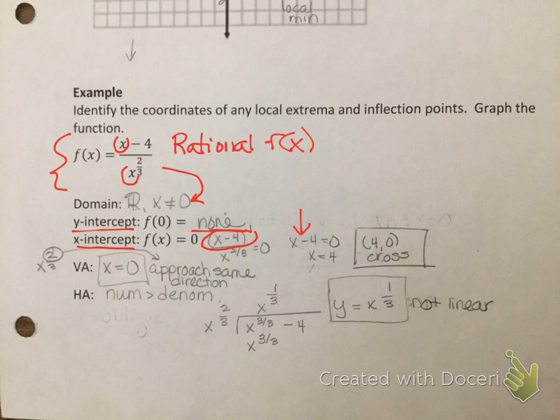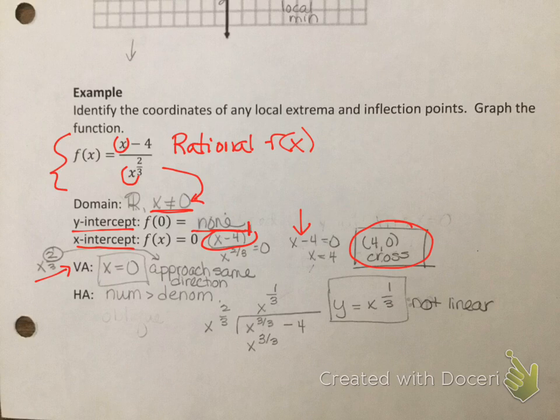When you set that equal to 0, you get out x is equal to 4. Because that factor, x minus 4 quantity, was to the first power, I will cross at that x-intercept. Because I had x can't be 0 when I found my domain, I know that that is a vertical asymptote.